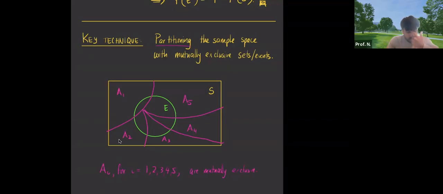And of course, having a concrete example will make this a lot clearer. But I'm just giving you the visualization of this first, because now we're dealing more with this notion of sets and mutually exclusive sets, and seeing it from a visual perspective.